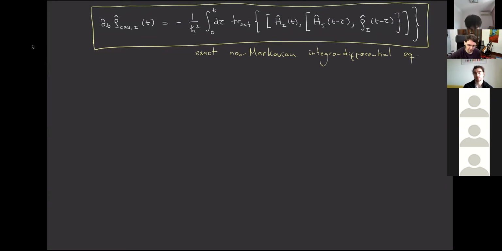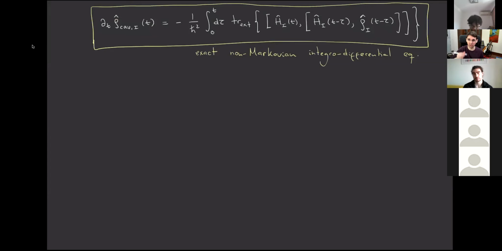Okay, so it looks like we have complicated things a lot. Because we have now a non-Markovian integral differential equation, but at least it's an equation for the reduced state. So this is the exact form of the equation for the reduced state.